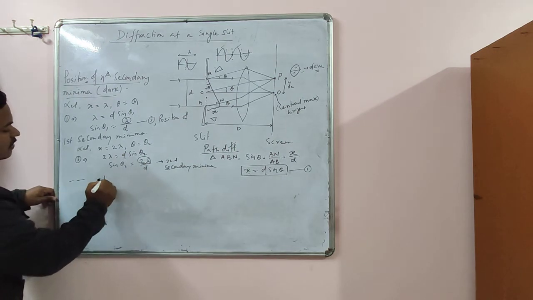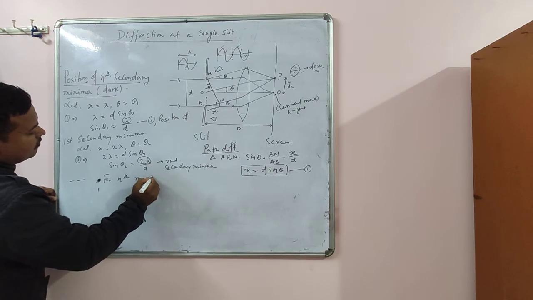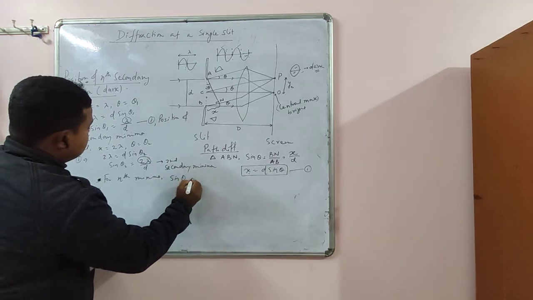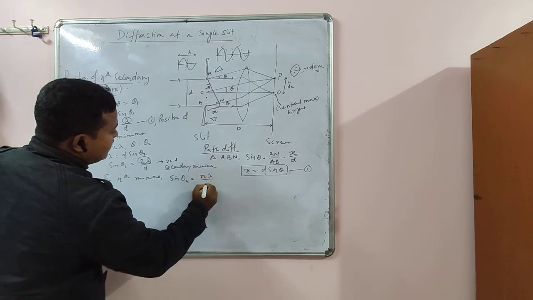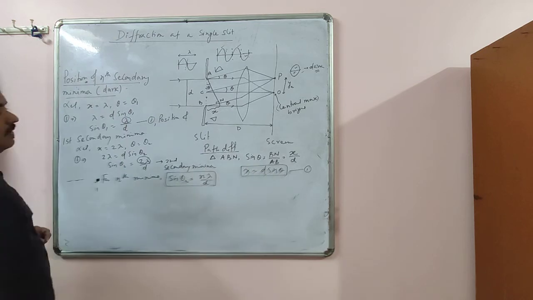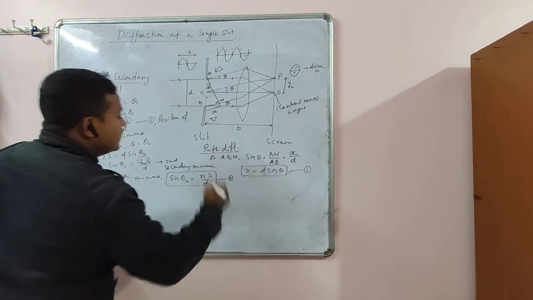For the nth minima, you can write sin theta n is equal to n lambda by d. This is suppose equation 2.